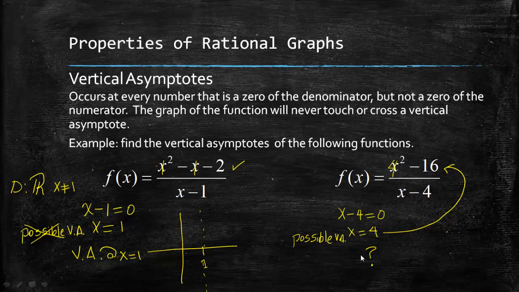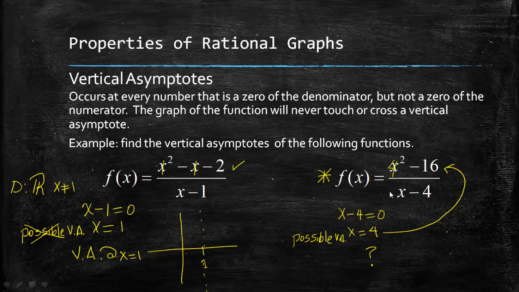Now another thing I want to say before we move on is, on my last video I was talking about how some people, the first thing they did with the rational function was factor it out. And it's a good idea for this step to factor out your function, because now we need to see the multiplicity of the zeros. When this case happens, I need to see the multiplicity of the zeros to determine if it's a vertical asymptote or if it's a hole.